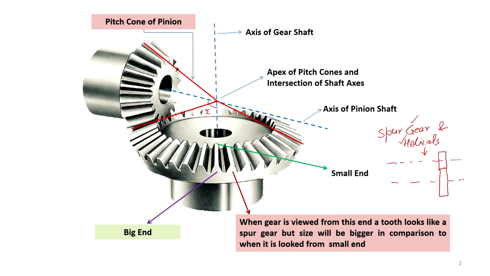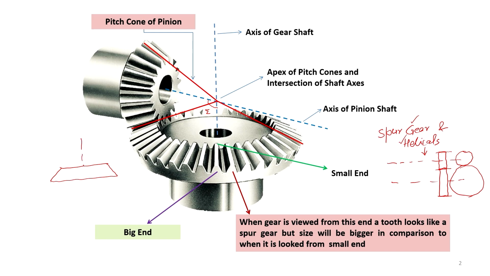Now, in the case of spur and helical gears, there were pitch cylinders and correspondingly pitch circles like this. Whereas in the case of the bevel gear, there will be pitch cones, represented like this.